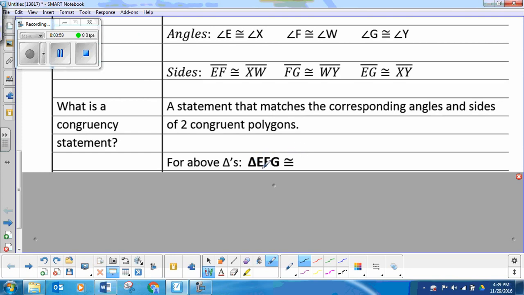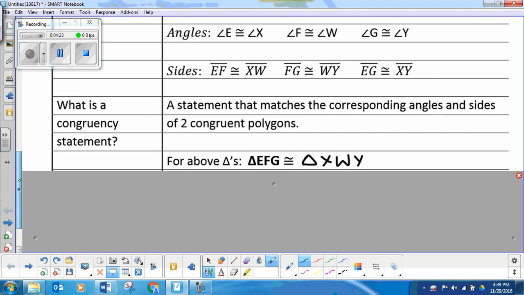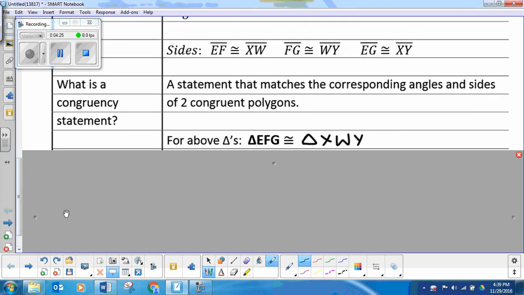It says for the above triangles, triangle EFG is congruent to triangle, and I'm just going to go with the fact that E is the first letter here, E and X are congruent, so X will be the first letter in my statement. F is the second letter, and it's corresponding to W, so that'll be the second letter. And finally, G and Y are corresponding angles. So this is how I'm going to write this congruency statement.